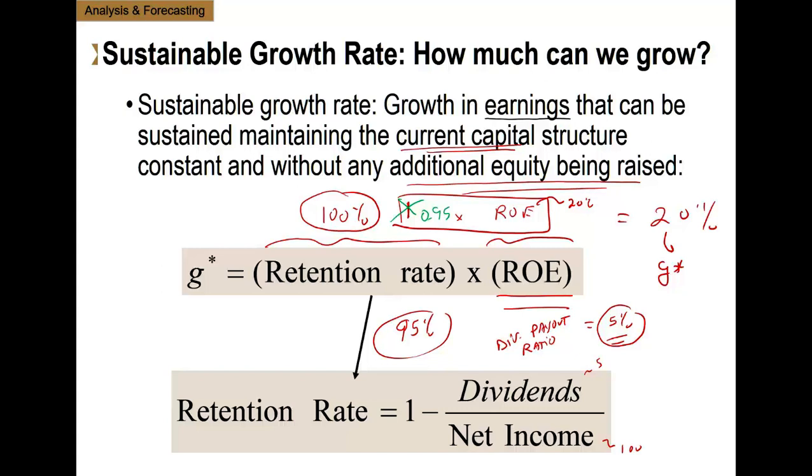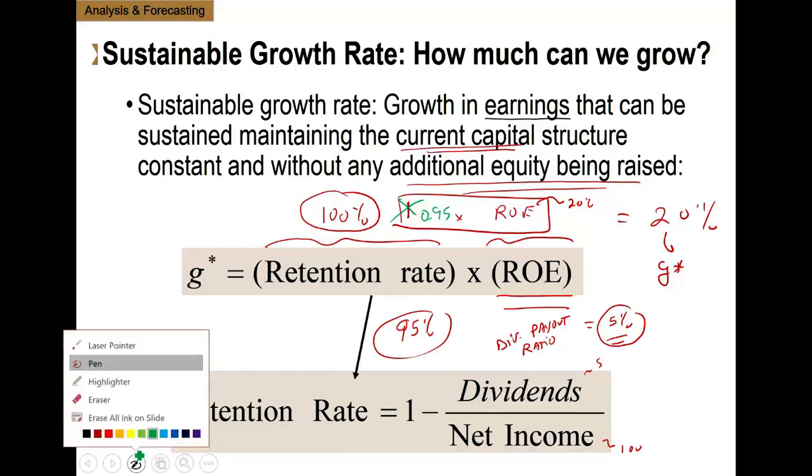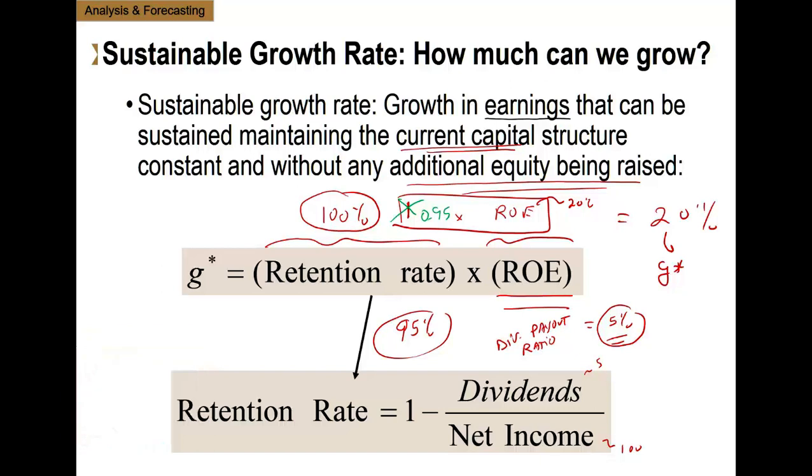People generally understand that the more money you put back into the company, the more growth you can achieve, because you're putting back money to invest in assets and allow growth to occur. What people tend to not understand intuitively is why ROE is such an important component of how much the company can grow. For that, I have a few slides that I want to explain.